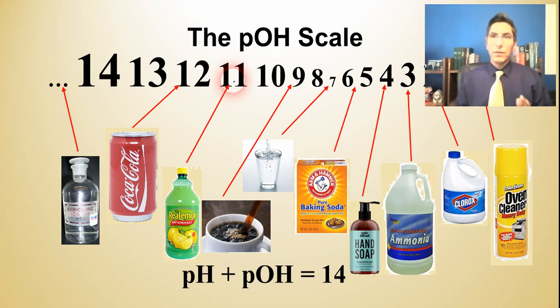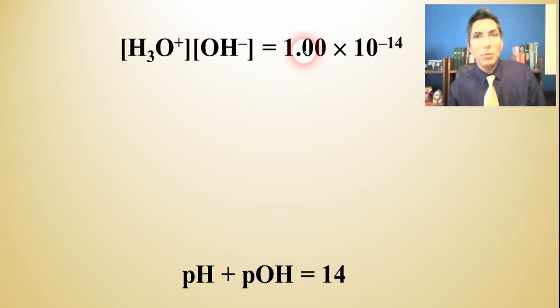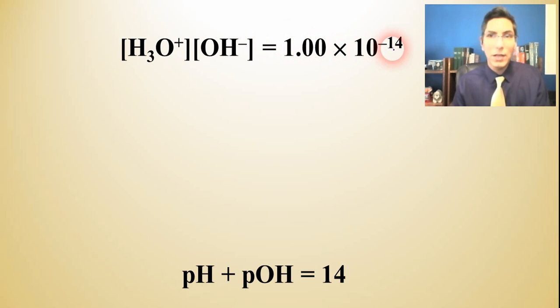But I'm going to go one step further. I'm going to say that these two equations right here are actually the exact same thing. I'm going to put that out there just as a mathematical statement that H3O plus, or H plus basically, times OH minus equals 1 times 10 to the minus 14th, and that is the same thing as pH plus pOH equals 14.